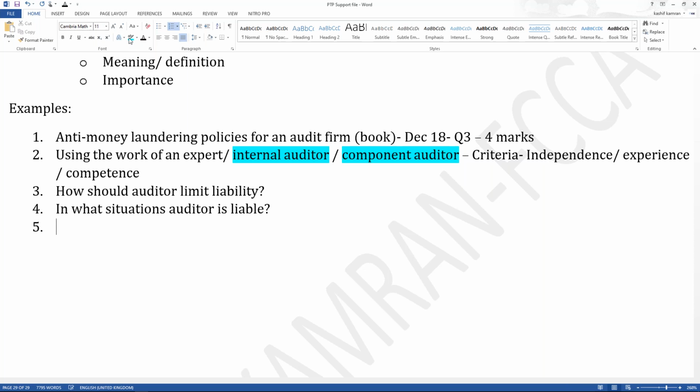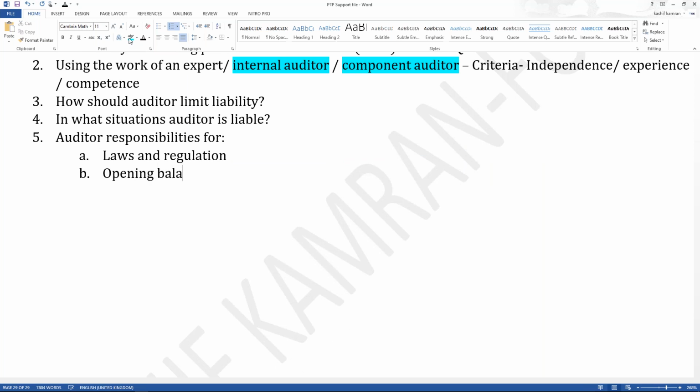You should know the auditor responsibilities for laws and regulations, auditor responsibility for opening balances, and auditor responsibility for fraud. So in lots of areas, you should know the responsibility of the auditor.